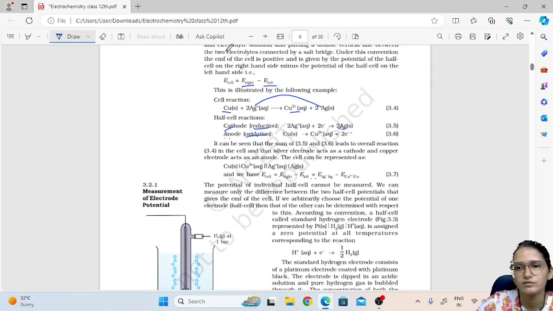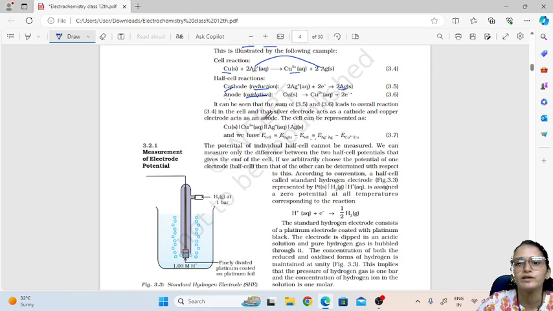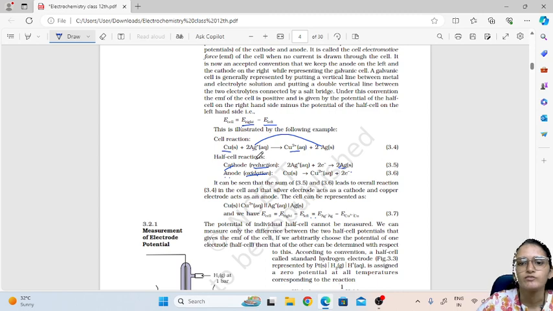One more thing you need to know here is how to represent the cell. If I have this reaction, copper plus silver ion gives copper 2 plus plus 2 Ag, where copper is losing electrons, we can show it this way: copper loses electrons to form copper 2 plus, and this is the salt bridge, which is shown by these 2 lines. Next is silver.